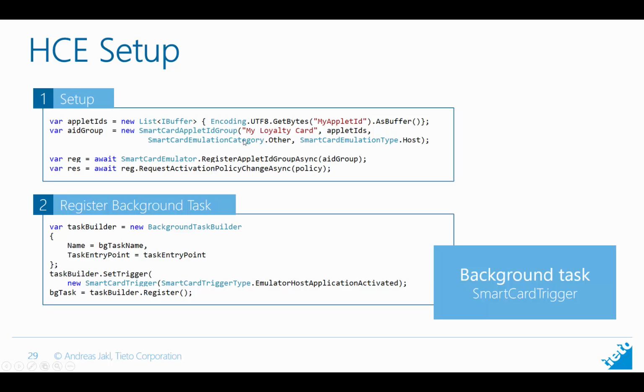You can specify the smart card emulation category, whether it's payment or other, and it's a host, and then you just register your applet using the system so that the phone will know when it gets the command to actually launch your app from the outside by tapping the terminal. The terminal will say, I want to launch this applet ID, and the phone will know that it has to launch your app.